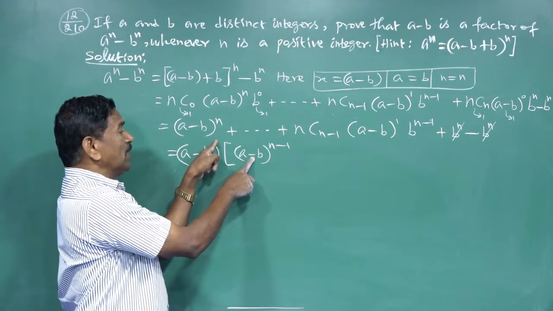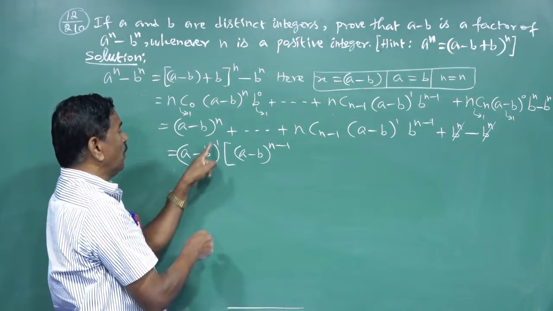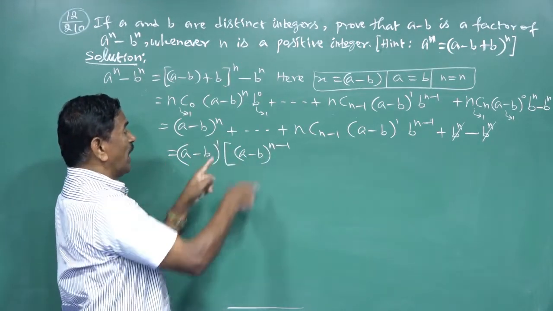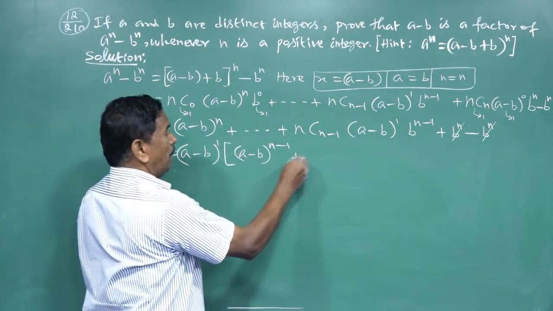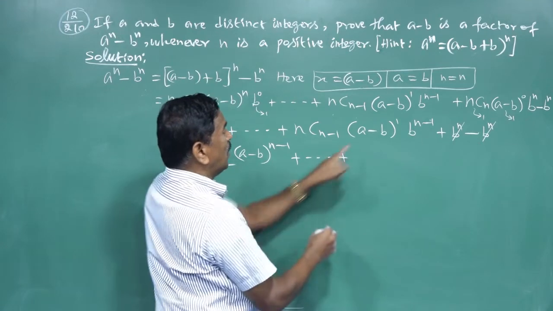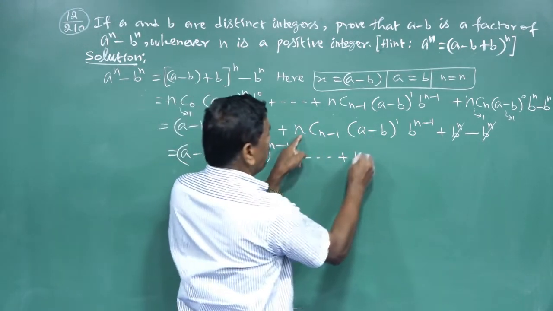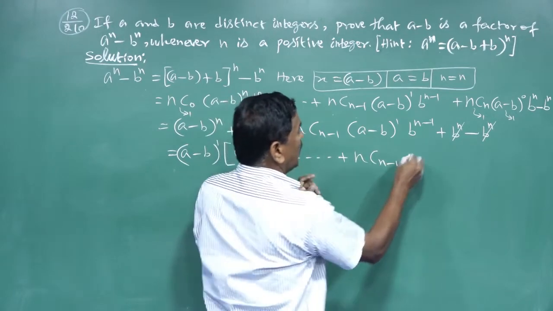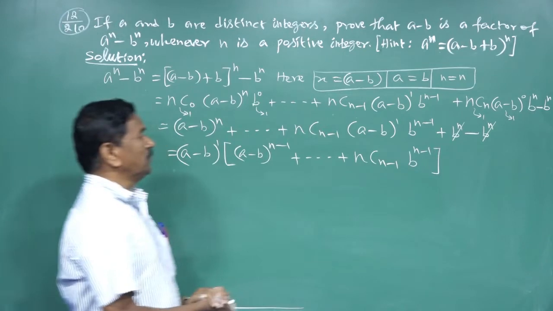Here power 1, here power n - 1; adding, plus 1 minus 1 cancel, we get (a - b)^n. Plus etc. plus (a - b)^1 comes outside. And what is remaining? nC(n-1) into b^(n-1). Complete the square bracket, that's all.